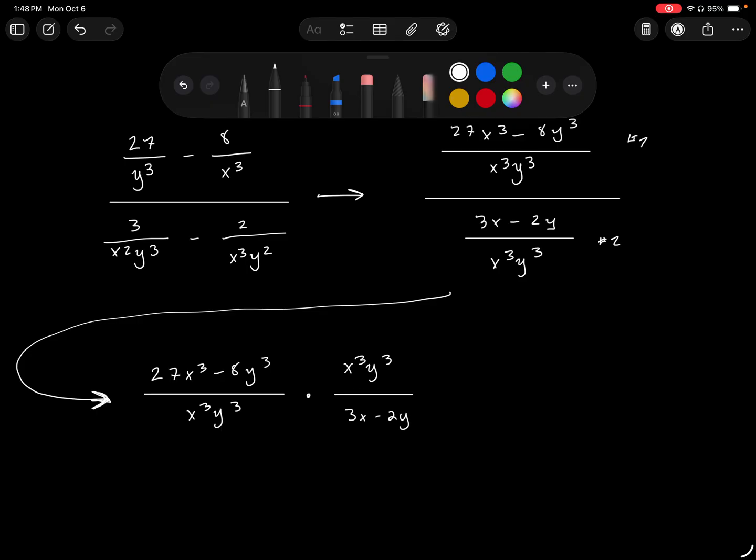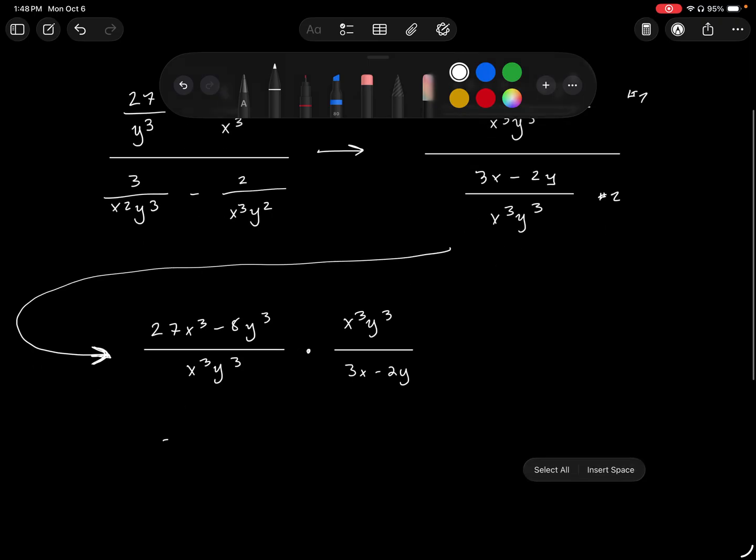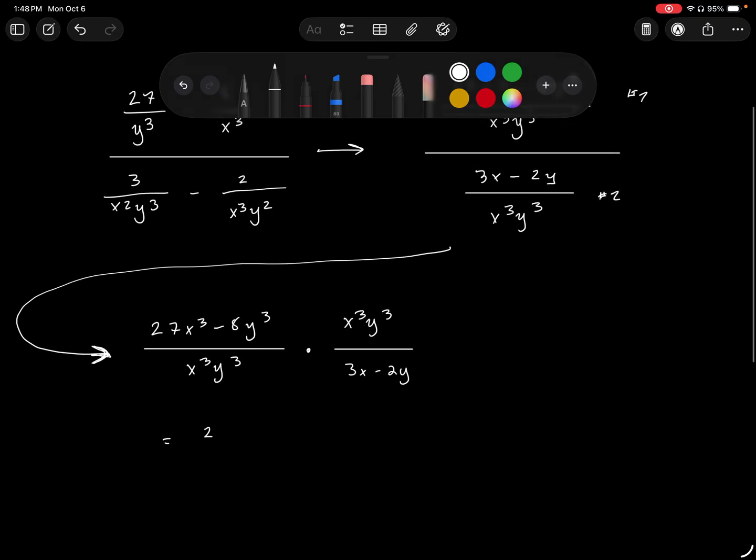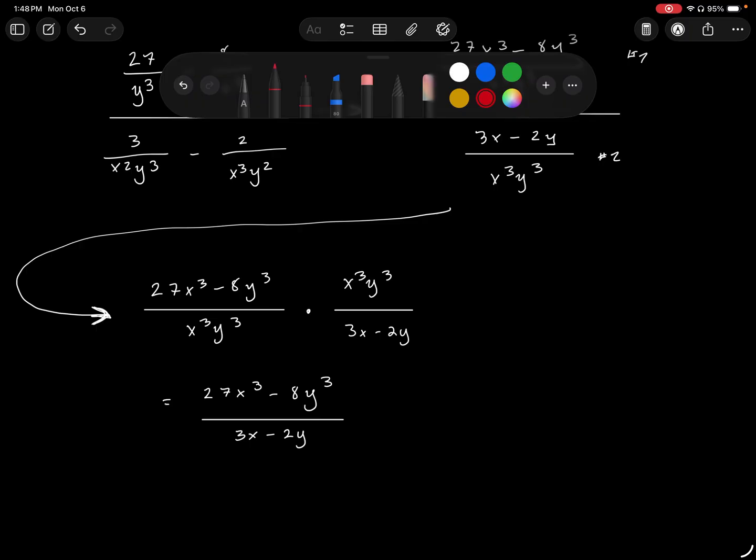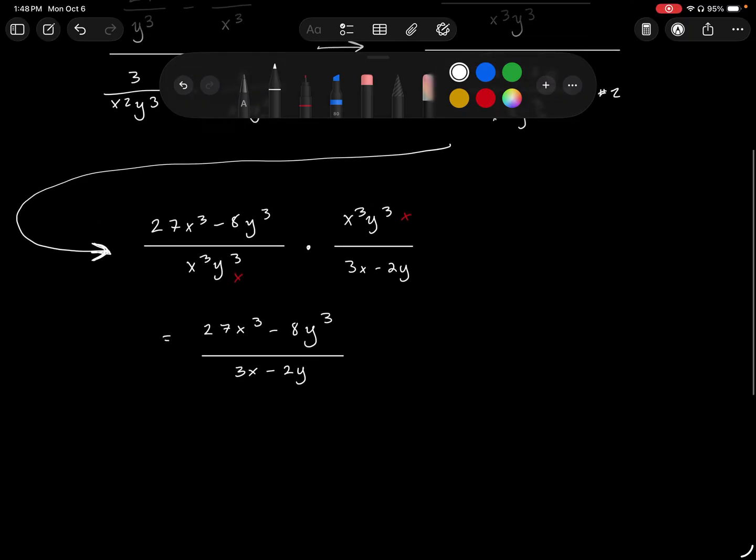So you're looking at that, which would then just be equal to this, because these two would cancel. Right, so now you're looking at this for the problem.